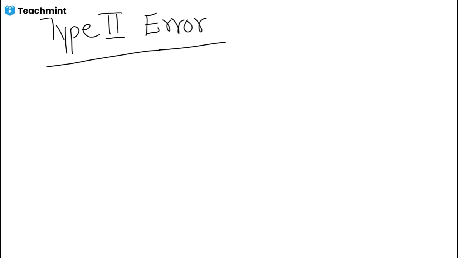It is just the opposite condition of the first. In that condition, the null hypothesis was true but still rejected, so an error appeared. Here the null hypothesis is false, but it is still not rejected.